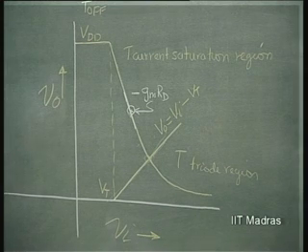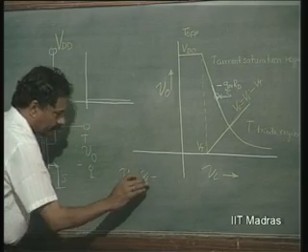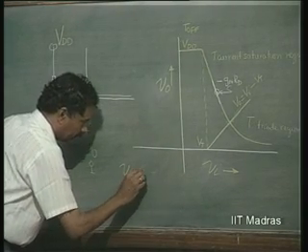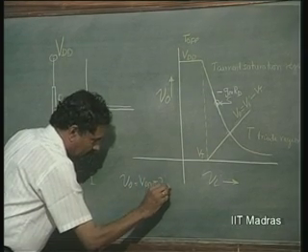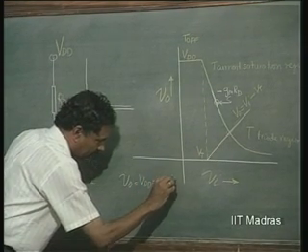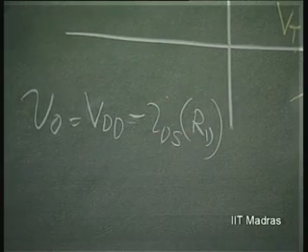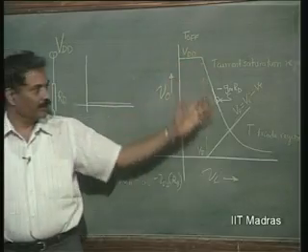So, basically we are using the equation V0 is equal to Vdd minus Ids into Rd. So, this is the equation that is plotted there. Ids being taken as different depending upon the region.